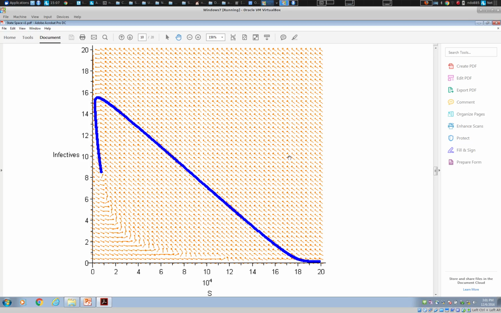And so it creates an arrow here such that its direction is parallel to the values of this for the particular value of S and I at each point. So this tells us if you were put down at this point, where would you go next? You'd follow these flow lines. And you'll notice that if you follow them, let's take these here.